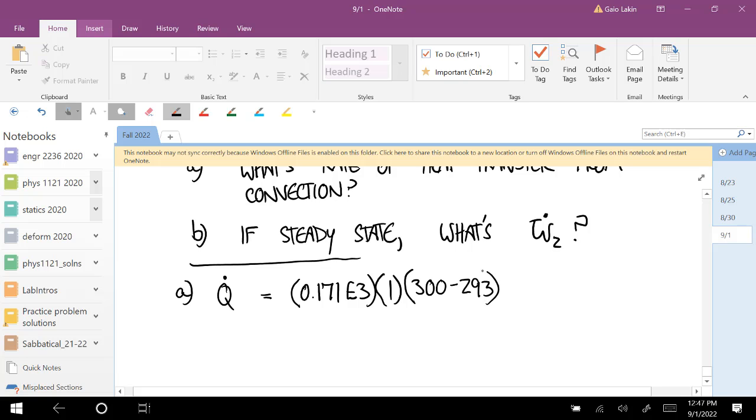And so the rate of heat transfer is 1.197 times 10 to the third watts. Okay, so that's the energy that's leaving the gearbox due to convection.